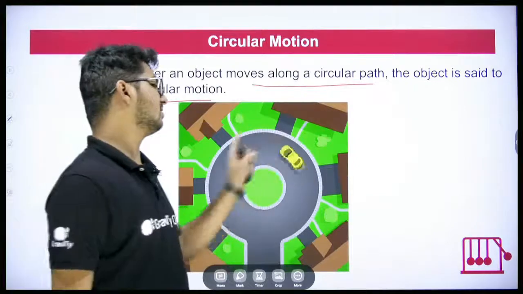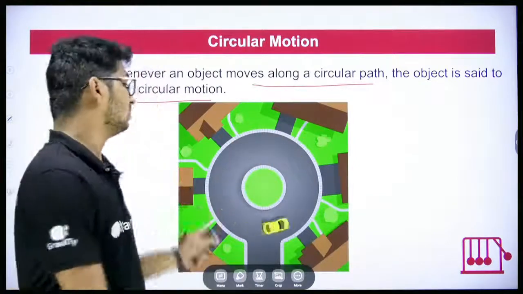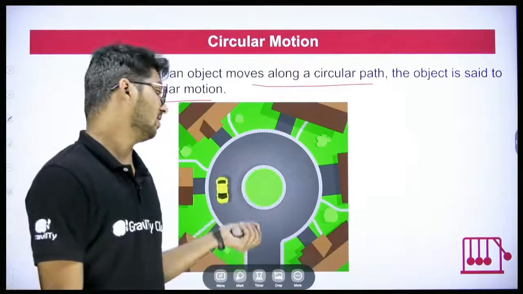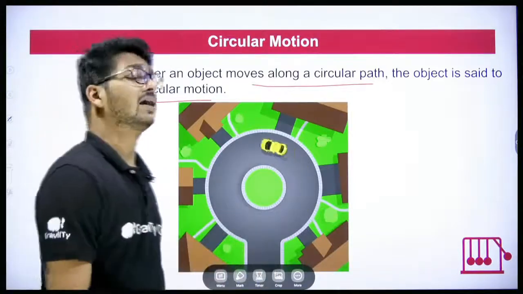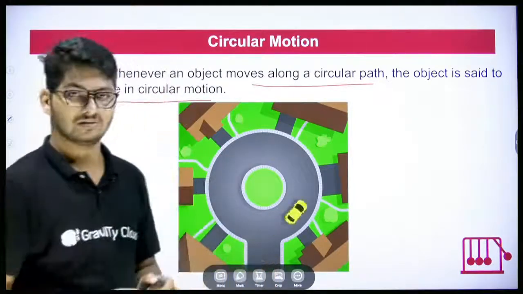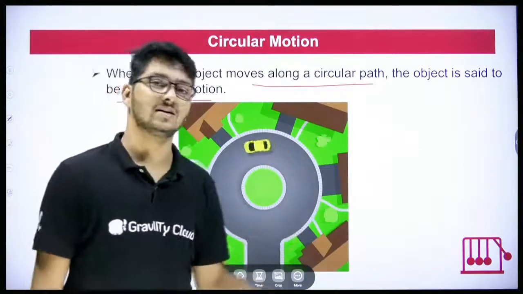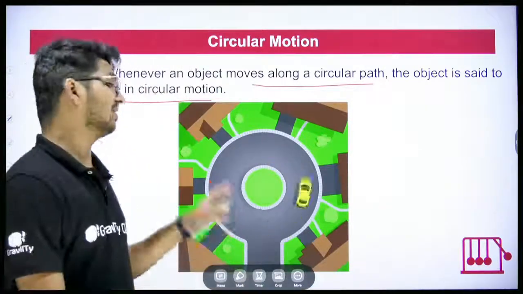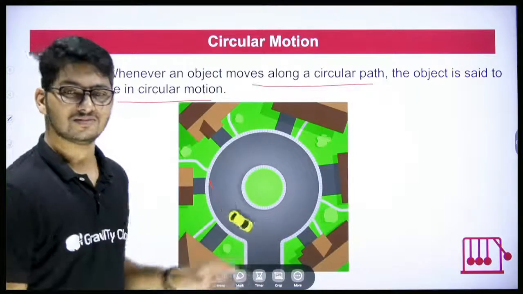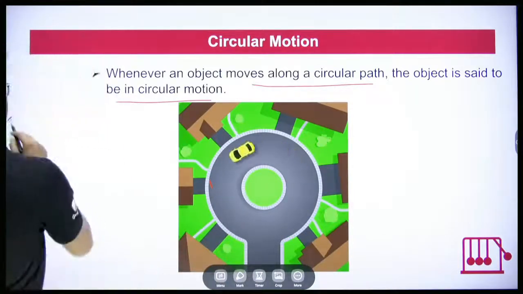The path is a circle, so in which motion is the car? The car is in circular motion. Because the path is a circle. Clear? Okay, wonderful.